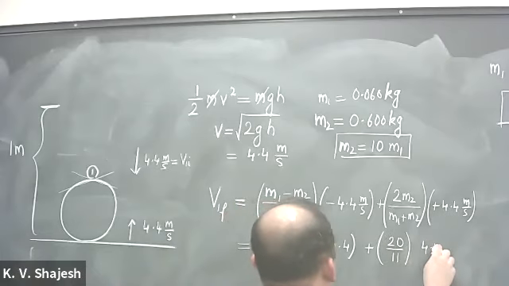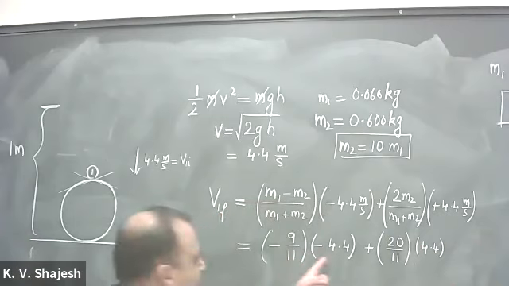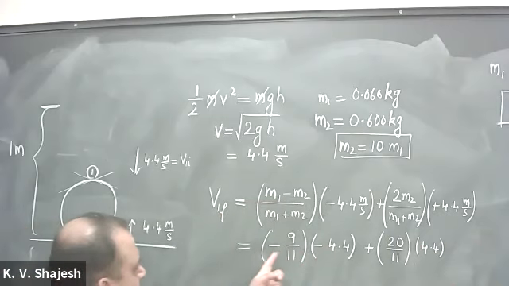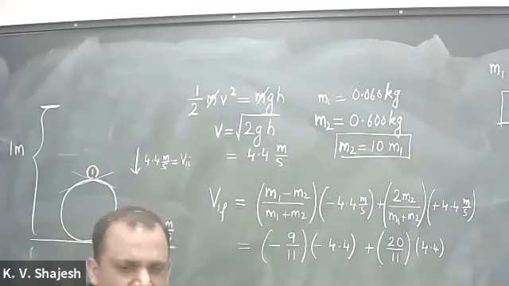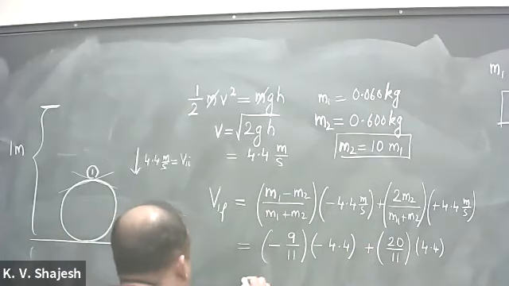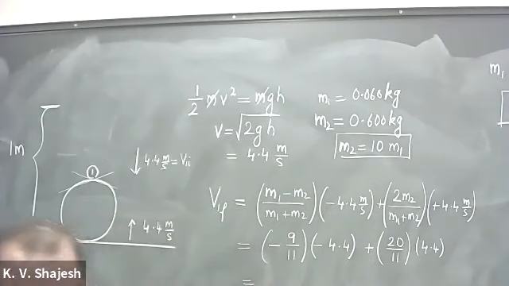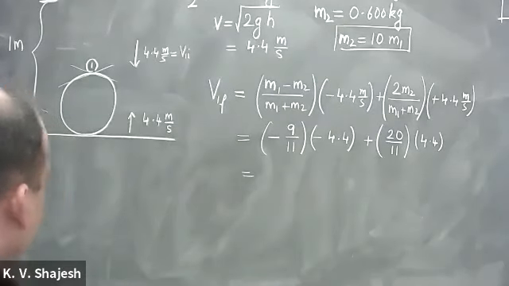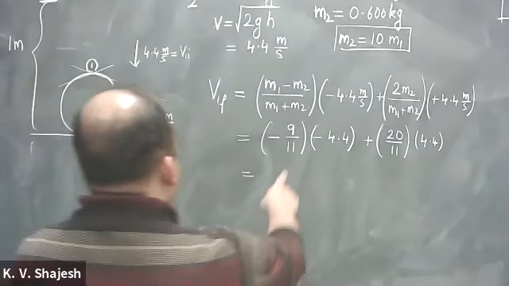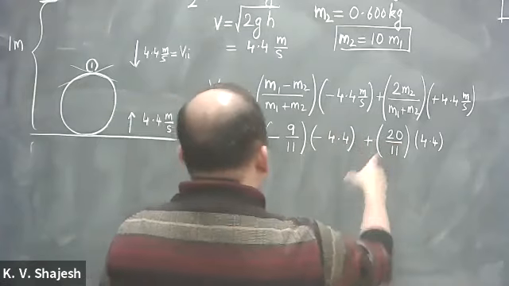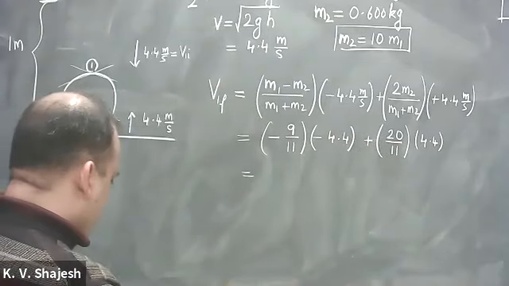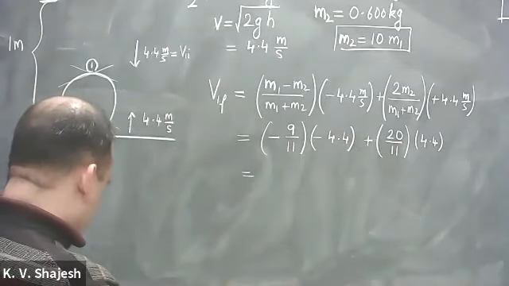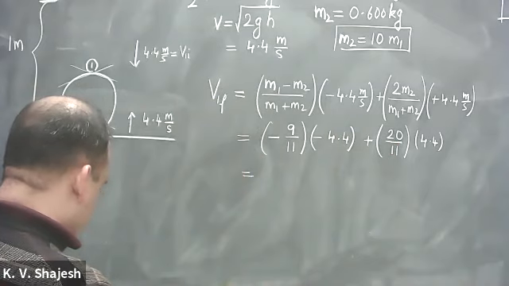That's again 4.4. Notice how the negative signs add up. So both the velocities are going to add up, and that comes out to be 9 plus 20, 29 over 11 times 4.4.